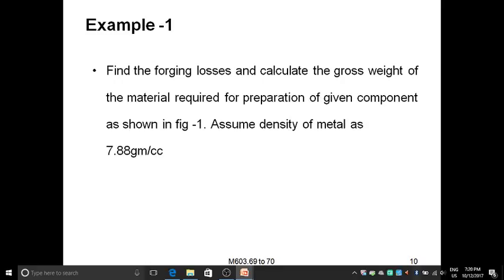Assume the density of the material as 7.88 grams per cc. If the density is not given in the problem, normally you can take it as 8 grams per cc, but fortunately in this problem it is given as 7.88 grams per cc. Here cc means cubic centimeters. You can also convert this into kgs per cubic meter.